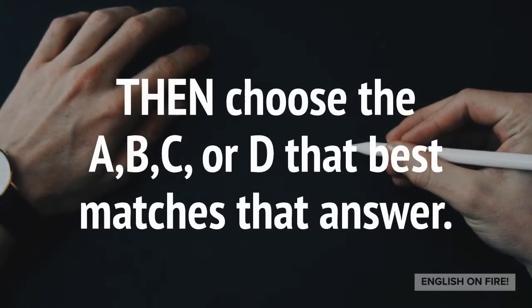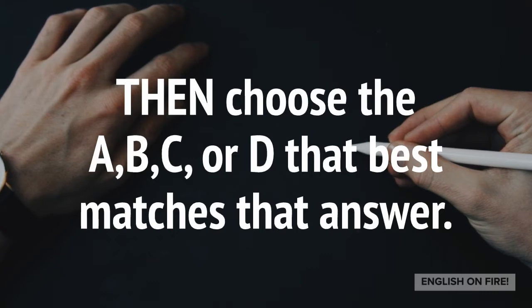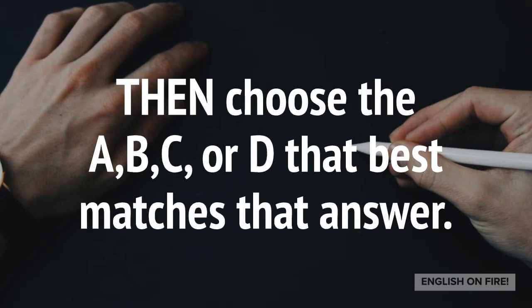After you have decided what the answer is in your own words, then choose the answer, the A, B, C, or D, or 1, 2, 3, that best matches the answer that you first created.